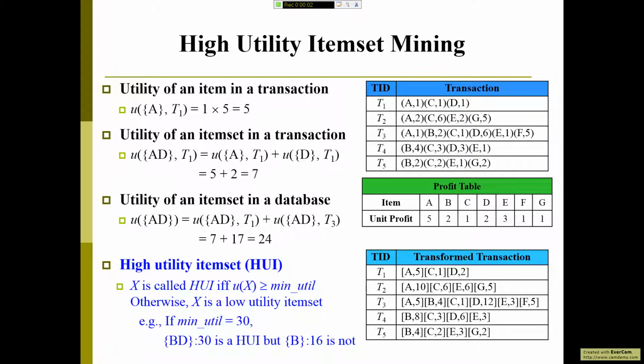An itemset is called a high utility itemset, abbreviated as HUI, if its utility is no less than a user-specified minimum utility threshold. Otherwise, it is a low utility itemset. For example, if the threshold is set to 30, BD is a high utility itemset. B, however, is a low utility itemset.